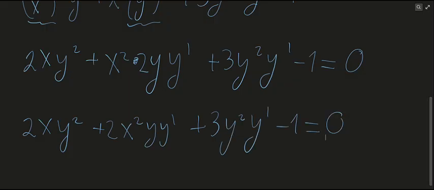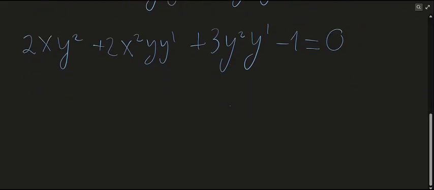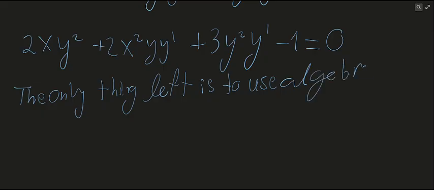Good. Now, let's see what we need to do next. The calculus is now over. So this concludes the calculus. The only thing left is to use algebra to solve for y prime.